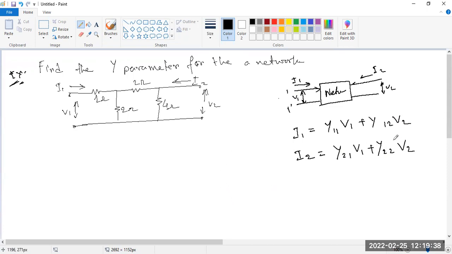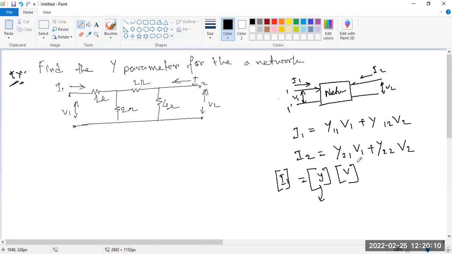In matrix form, I equals Y times V. Y is called the admittance parameter, or the admittance matrix, and it is Y11, Y12, Y21 and Y22. Through this we can represent a network.